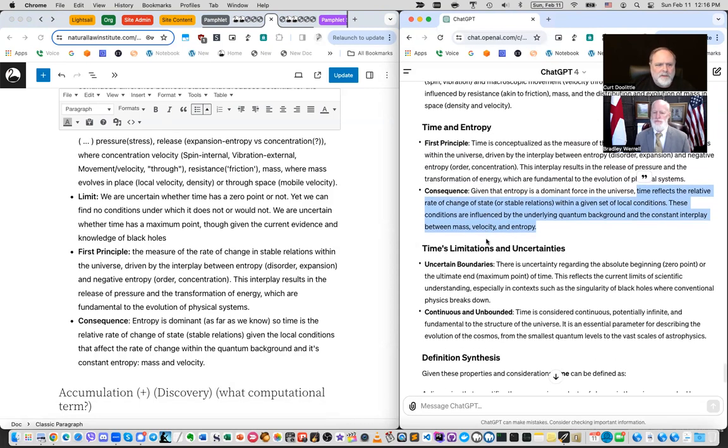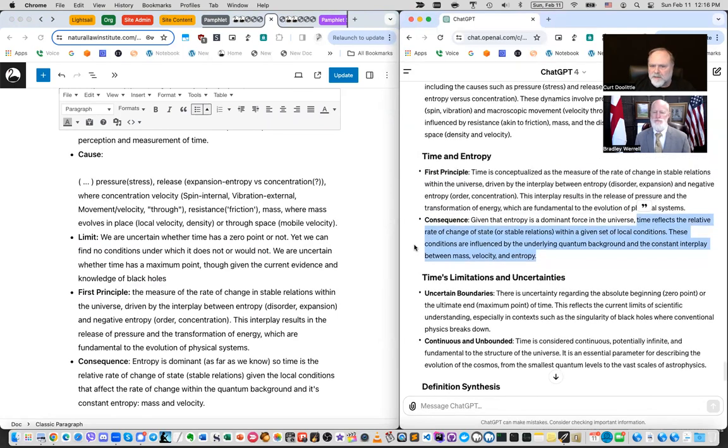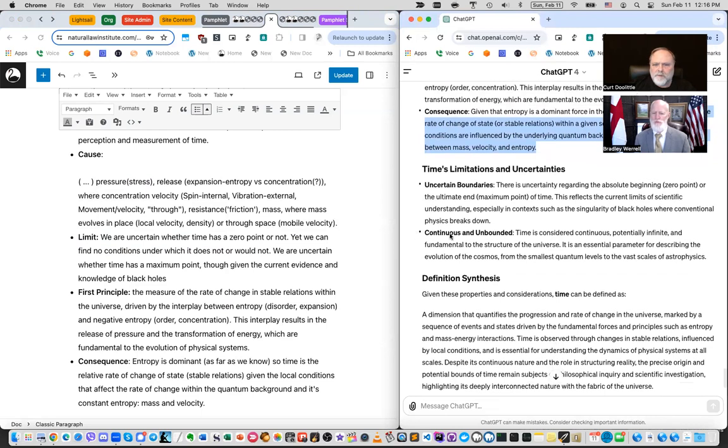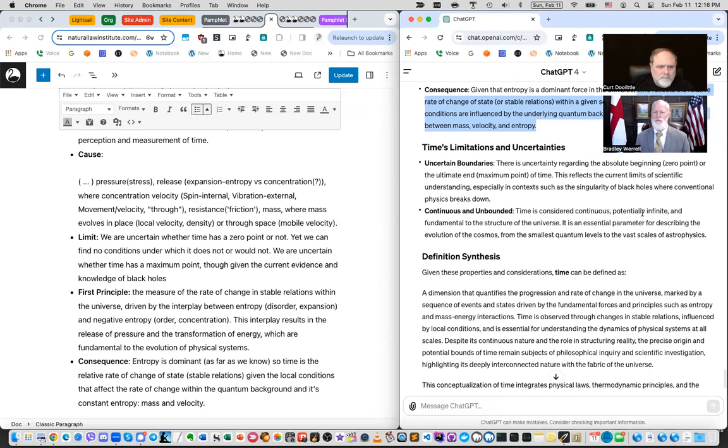Doesn't add anything. Where's that limit? Oh, here it is. It doesn't add anything. No. Oh, might like this. Yes, this first sentence. Yeah, that's good.